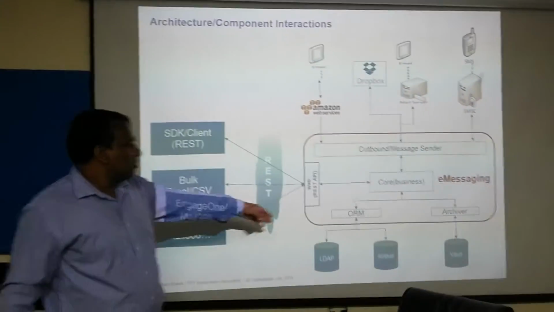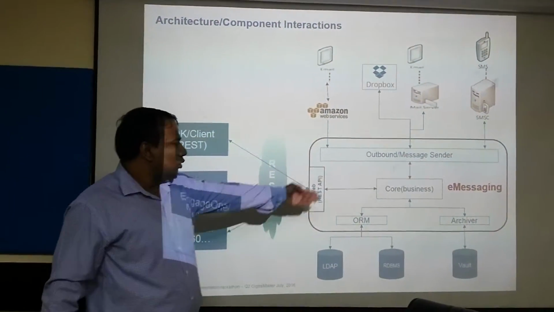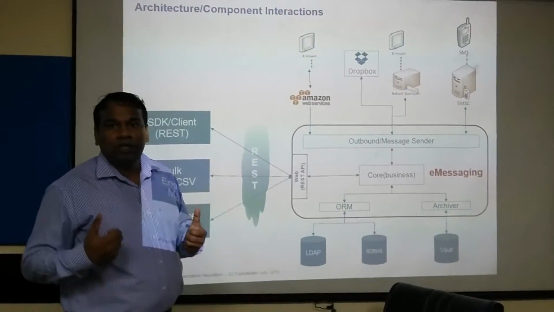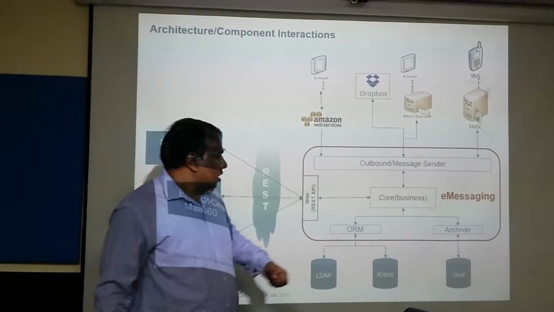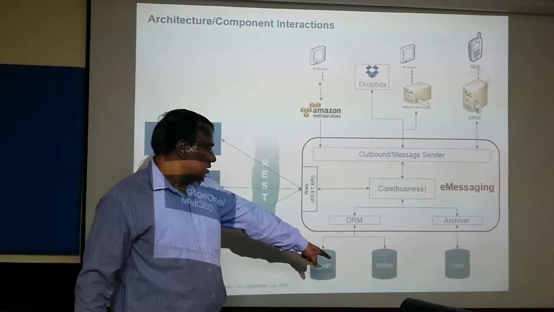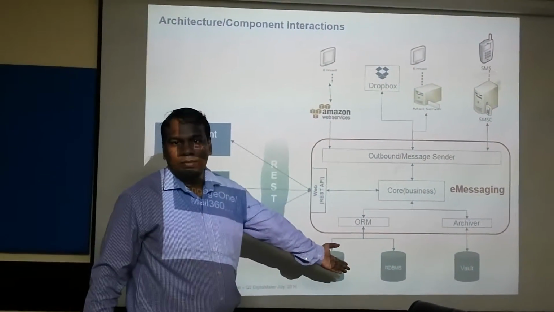Basically all the requests will come into the web module. From the web, it will go to the core, that is the business module of e-messaging. From there, through the ORM module, we will persist it to the RDBMS. And also for validation purposes, we can use either LDAP or RDBMS.